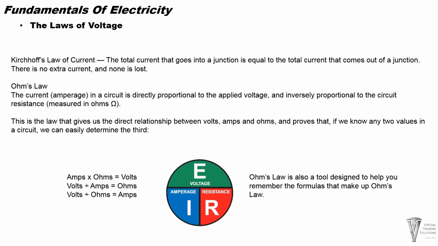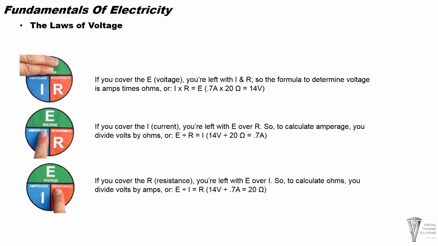How do we determine what voltage and resistance and amperage is in a system when we don't have the specifications? The laws of voltage allow us to do this. Just place your finger over any one of the sections, and what's left is a formula for Ohm's law that defines the characteristic you've covered.